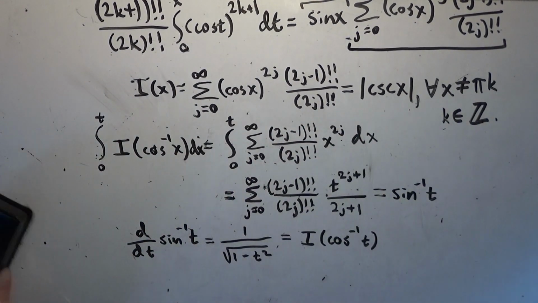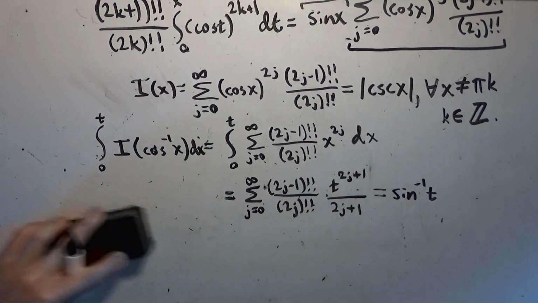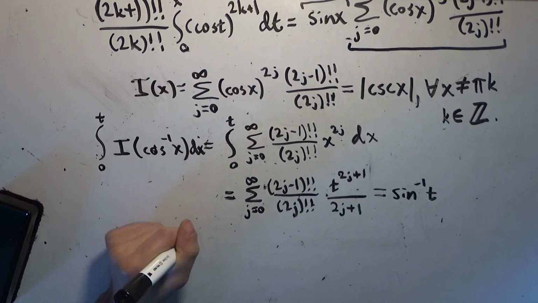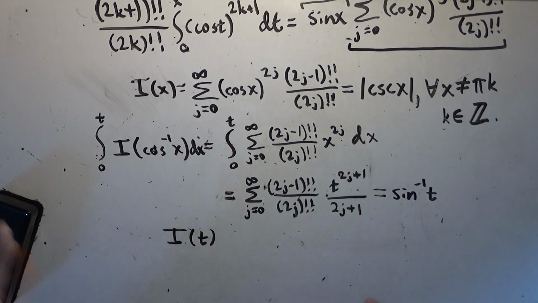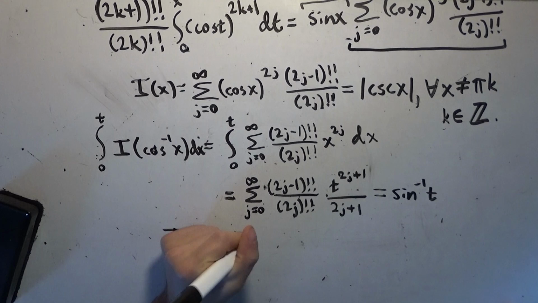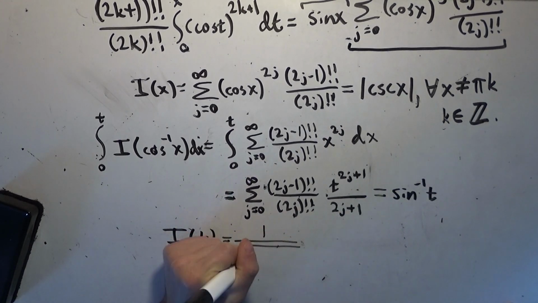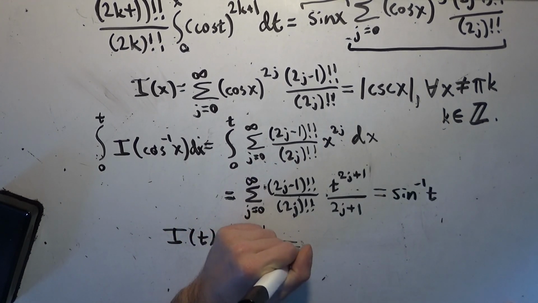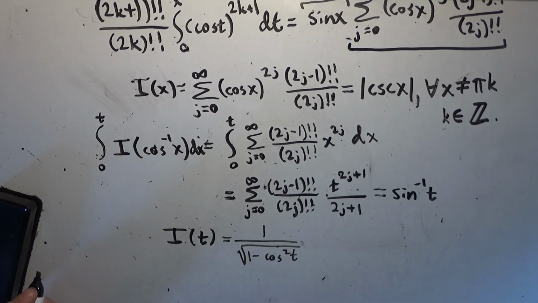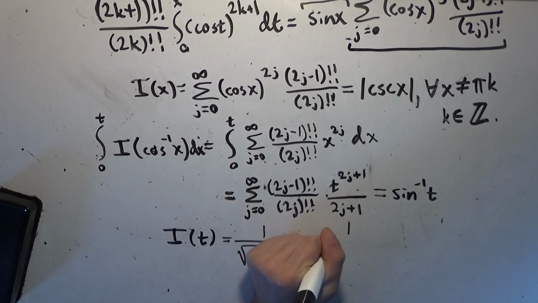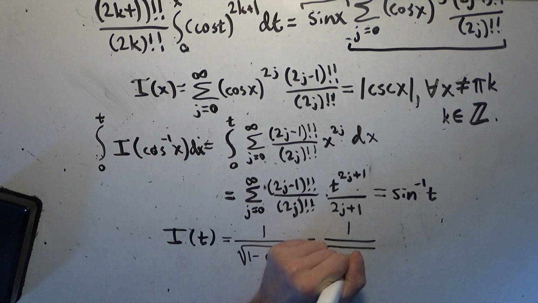And if we plug in cosine of t into both of these things, we end up with I of x, right? Because arc cosine of t and regular cosine of t cancel each other. And we get 1 over the square root of 1 minus cosine squared of t. But what's 1 minus cosine squared? It's sine squared. So we get 1 over the square root of sine squared of t.